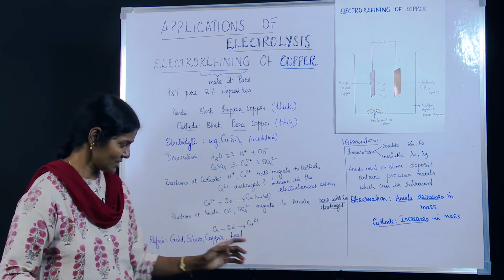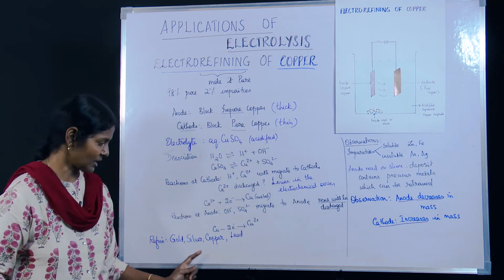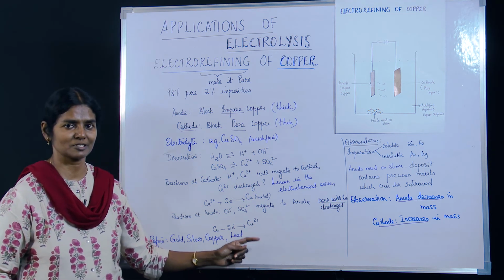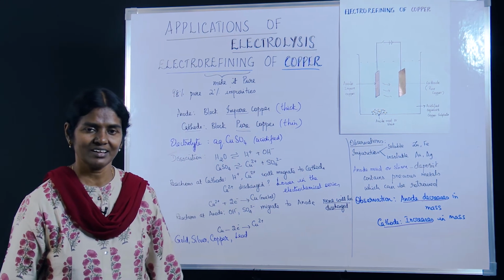We use it for these metals. We can apply this method to refine, and we get 99.99% pure metal. So this is how this is done, and I hope you enjoyed this session on electrolysis.